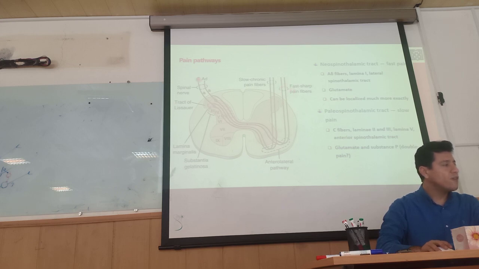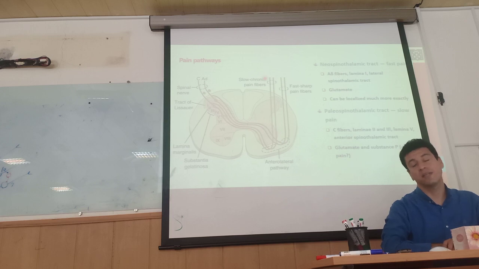But C fibers that carry chronic pain enter the spinal cord and synapse in layers 2 and 3. 2 and 3, okay? Fibers from here go to layer 5, and from layer 5, other fibers go to the opposite side and ascend to the ventral side of the spinothalamic tract. So this pathway is for slow chronic pain.